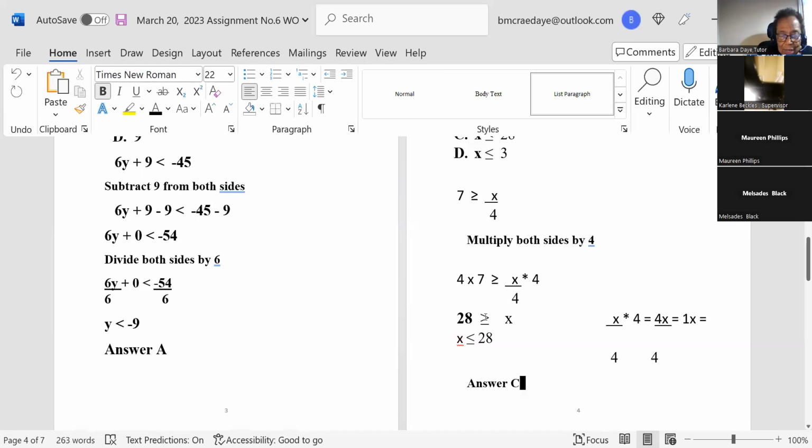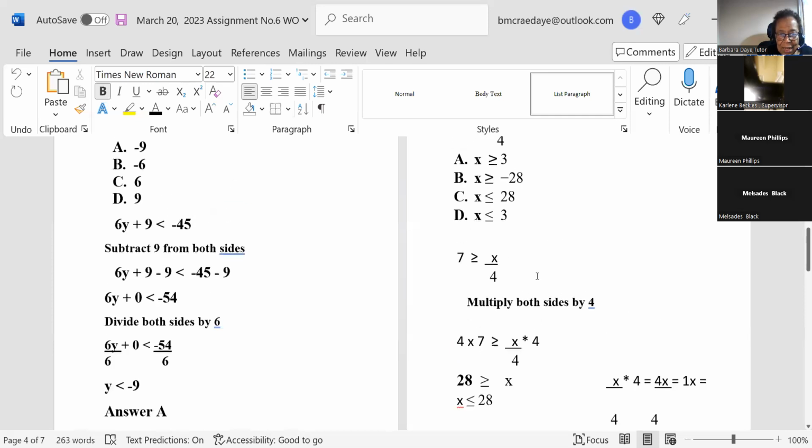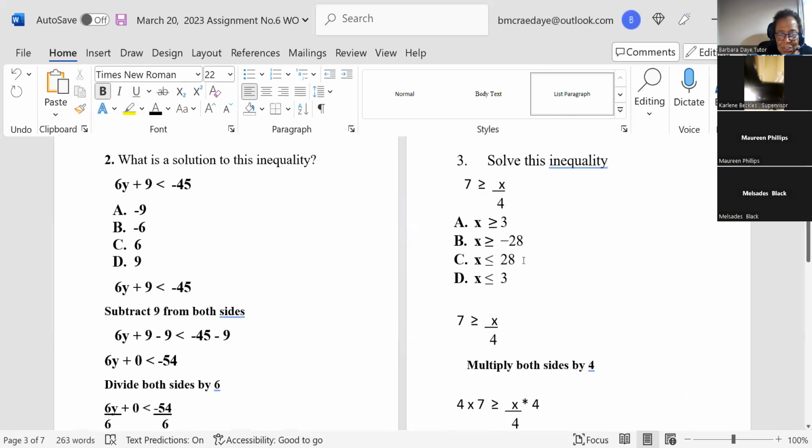If this were just greater than, it would become less than. If it were less than or equal, it would become greater than or equal. So whenever you switch the variable to another side, you reverse the inequality. So this will be x less than or equal to 28, and the answer is C.